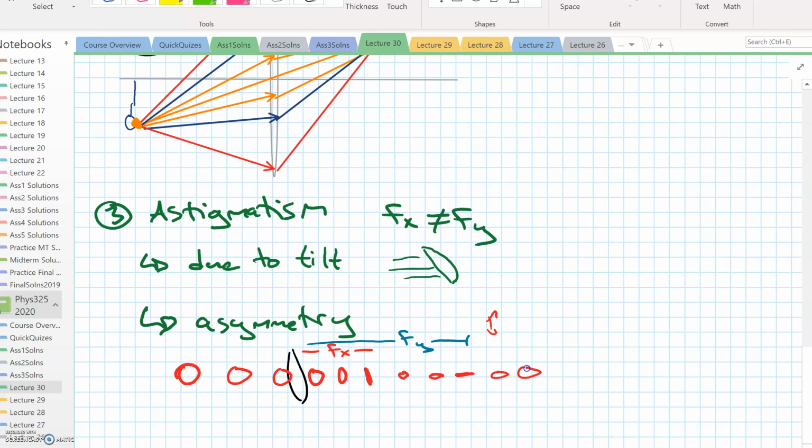So we'd see a funny type of focusing as we went through the lens if we're looking head on at the beam.